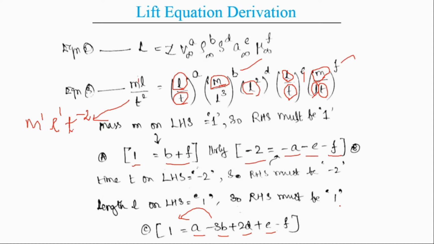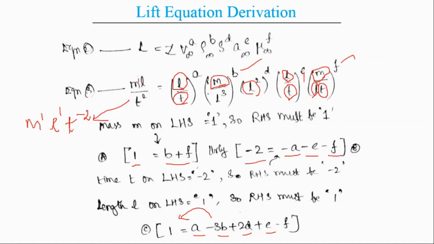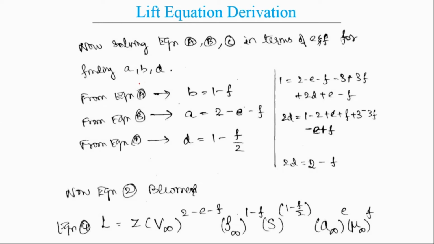That is, we are equating the left hand side and the right hand side. Now, when we solve all these equations, we obtain these equations A, B, and C. Solving for the values of a, b, and d in terms of e and f, we see these are the three equations we obtained.